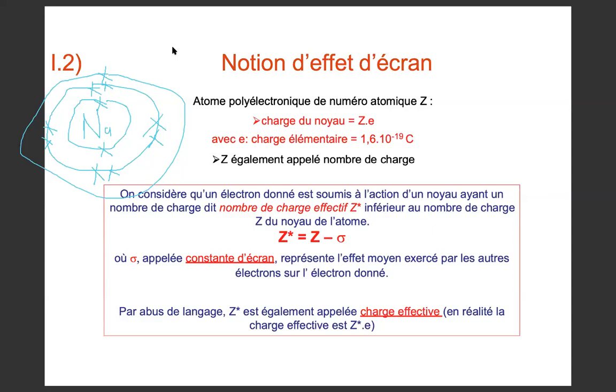So the notion d'effet d'écran is basically the shielding energy that electrons exhibit, because when you are removing an electron from this atom, what do you call that process of removal? Ionization. Exactly, it's called ionization.